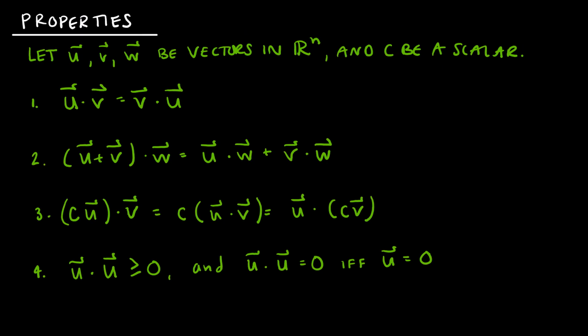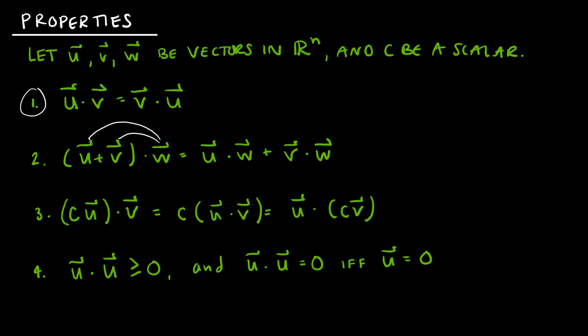In addition to the commutative property that we just talked about, we also have a few other properties. The first says that if you have the sum of two vectors and then take the dot product of the sum with some other vector, I can go ahead and distribute just as I normally would. So I can take the dot product of u and w and add the dot product of v and w, and I will get the same result.